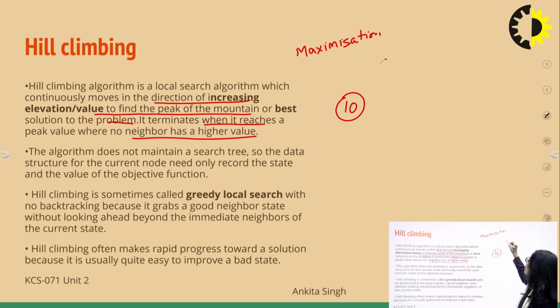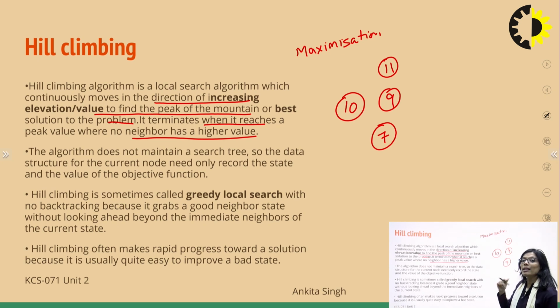So suppose there are 3 nodes, and their objective function values are 11, 9 and 7. So the hill climbing algorithm says that I will move to any of these neighboring nodes only when its objective function value is better than mine. So I will move to 11. Why? Because its objective function value is better than mine.